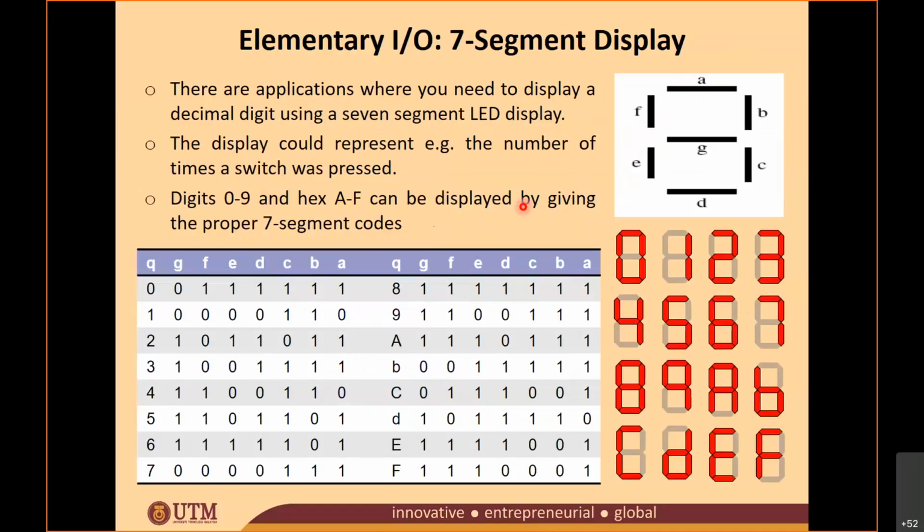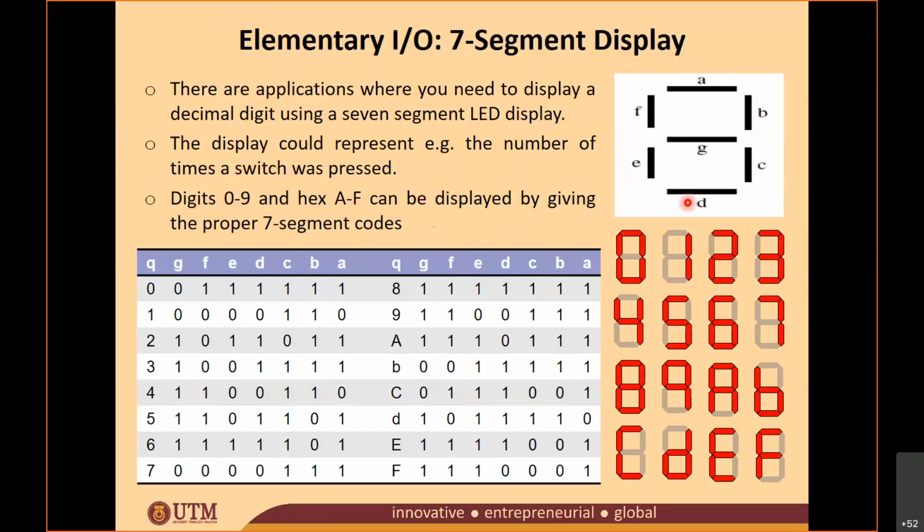So the display could represent either the number of times a switch was pressed, ataupun you're going to do a timer. Digits 0 to 9 and hex A to F can be displayed by giving the proper 7-segment code. So this is your 7-segment display.